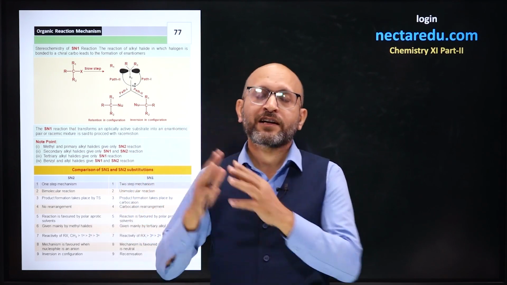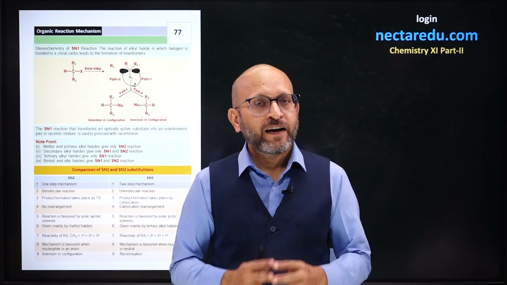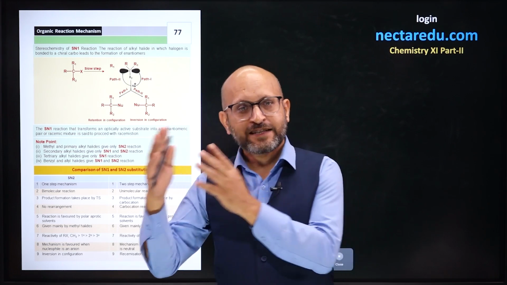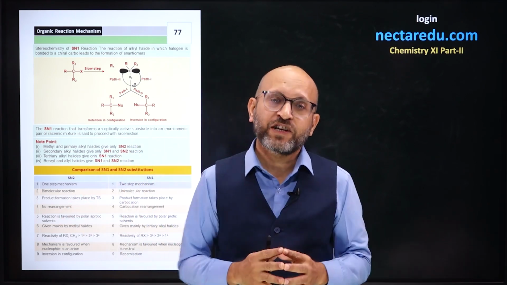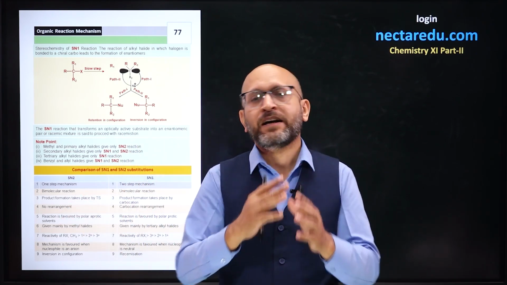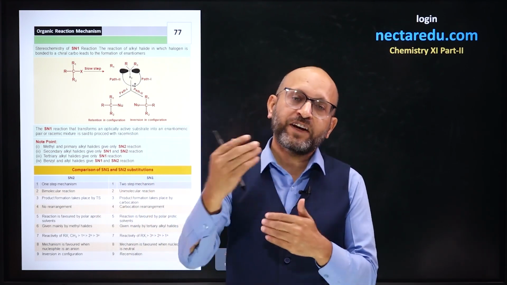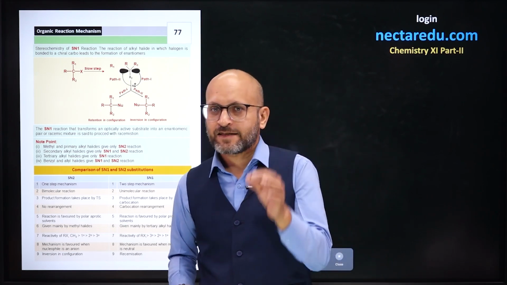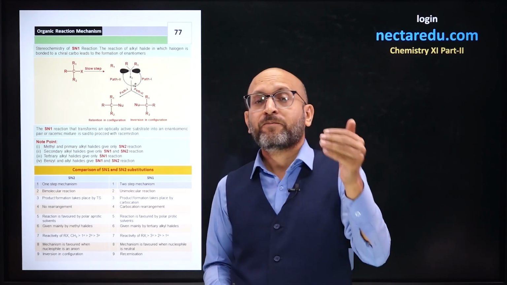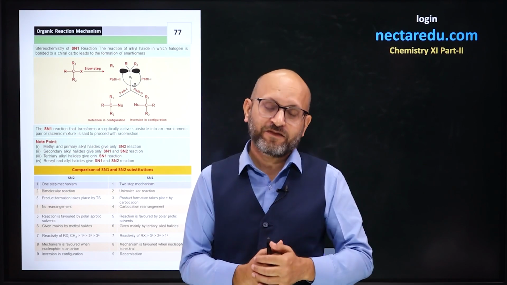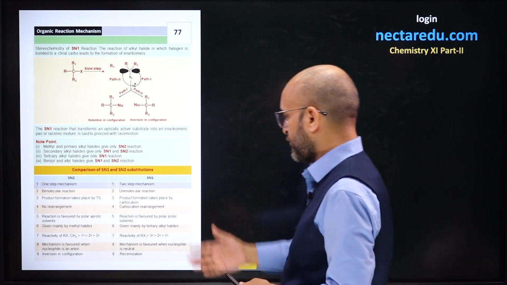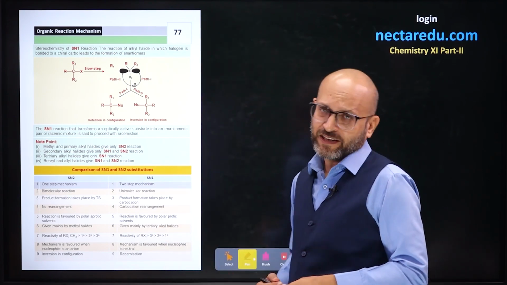In SN2 Walden inversion occurs, in SN1 racemization occurs. In SN2 you will have a one step reaction, but in SN1 a multi-step reaction. Aprotic solvent will favor SN2, whereas in SN1 protic solvent increases the reactivity. So these are a few differences between SN1 and SN2.